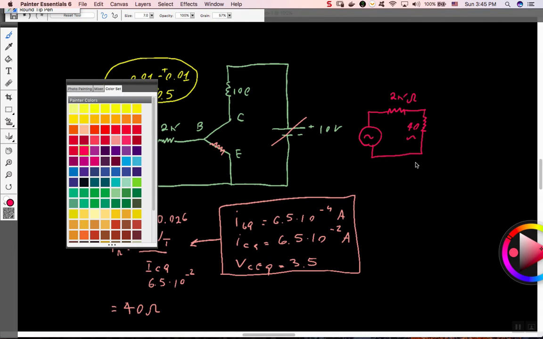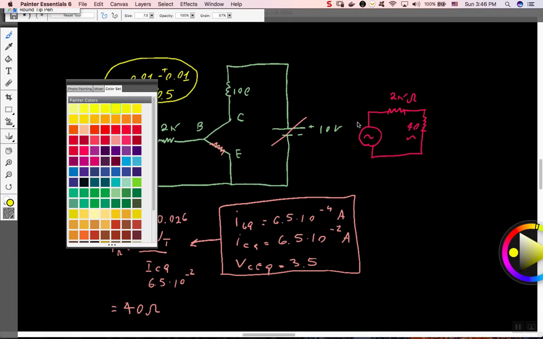This is what the small signal sees. Very well. Now I want to change the color. Yellow is okay. Okay, there we go. And this is what it sees. Well, obviously to compute it we need to know the exact value, but let's say it oscillates from 0.01 to minus 0.01.